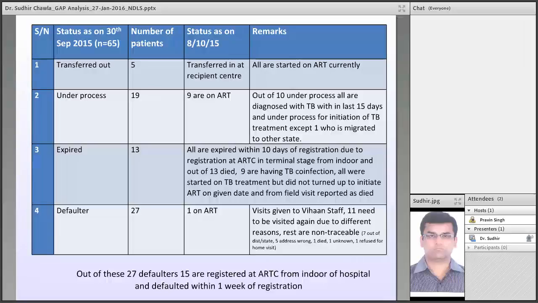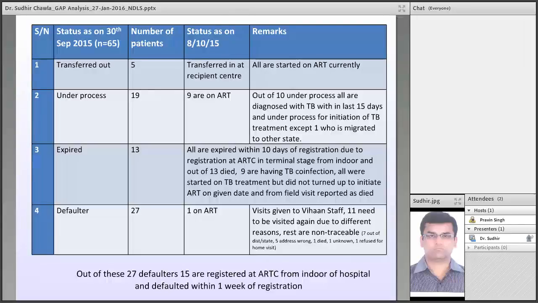They were not started on ART because their TB treatment was under process, and one patient had migrated to another state. So now we understand that these patients were diagnosed with TB, and because their TB treatment was not initiated within 15 days, their ART was delayed. So this is a problem on which we have to further work to improve. TB treatment needs to be initiated early so that ART can be started in a timely manner.